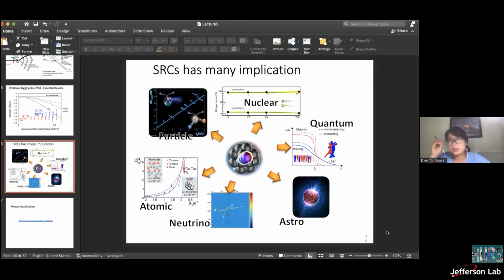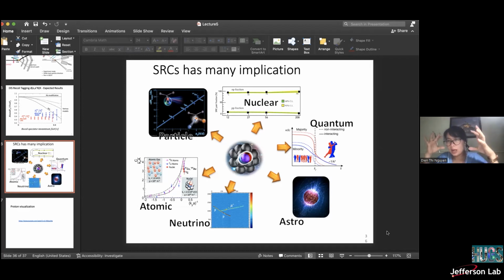But now when you include the SRC pair, it will change how the momentum distribution is distributed in the neutron star, because now the protons will combine with that 95% of the neutrons, and they can create the np pair, like what we see in SRC, right? So it means that these protons may not just stay in that tiny corner and carry the momentum and energy anymore. They may spread around and contribute much more than expected.